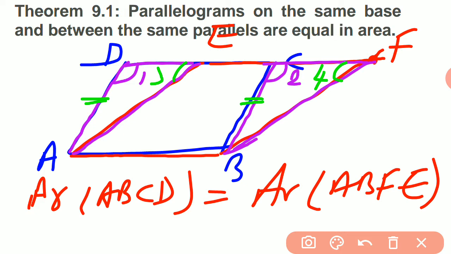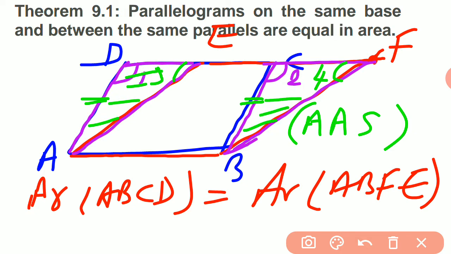So by angle side criteria, these two triangles will be congruent, and we know that if two figures are congruent, then their areas will be the same, so the area of this triangle equals the area of this triangle. When we add this part on both, we will get the result.